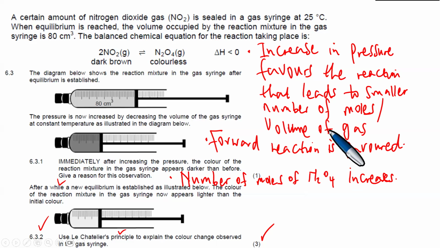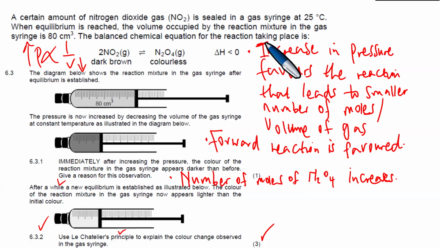I want us to discuss this very importantly because we shall be doing a lot of questions. There is this relationship between pressure and volume. When the pressure increases, the volume decreases.